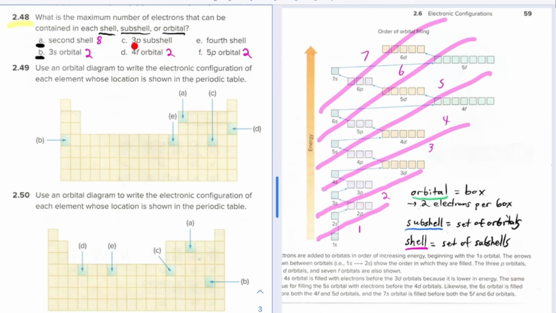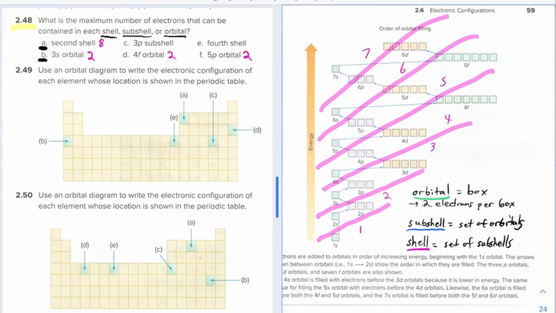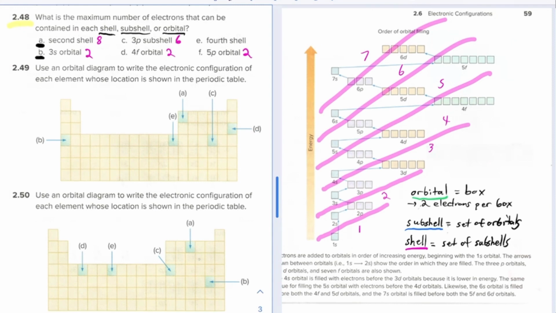Okay, so we've got 2 more left. The 3p subshell, that's these right here. There are 3 orbitals in there. So the 3p subshell can hold a max of 6 electrons. And then finally, the 4th shell. Oh, I forgot to check these off as we're going. So the 4th shell, let's work on this one.